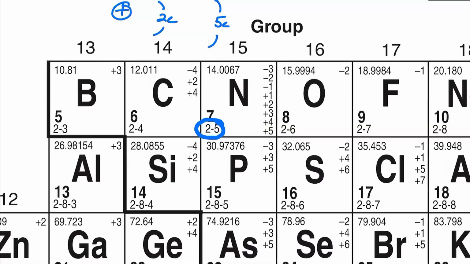These are the higher energy ones. Remember, electrons are negative and the nucleus is positive, so the closer ones are lower energy. So it's the higher energy ones, the outermost electrons, the valence electrons, that we use for the electron dot diagram. So it's the 5 valence electrons.